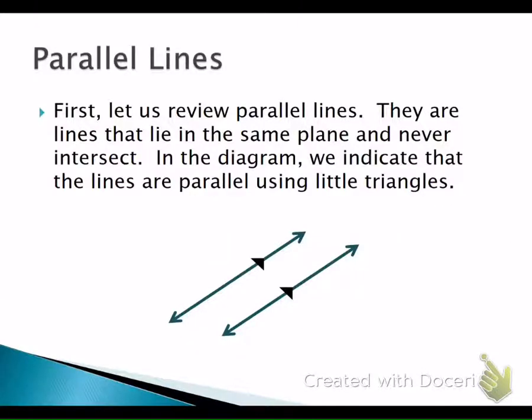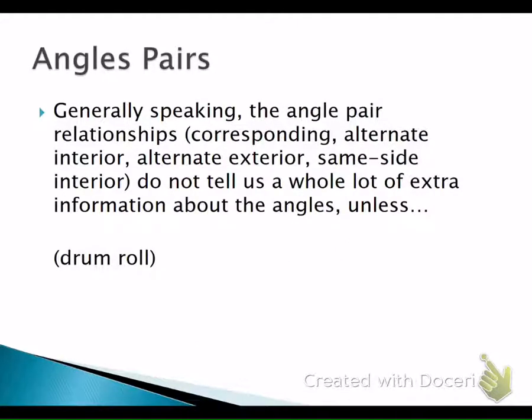So just a quick review. Parallel lines are lines that are on the same plane and never intersect. In the diagram, you can tell that lines are parallel because they have these little triangles on them, like these arrows. Remember that? Okay, so we are going to start every problem today with a set of parallel lines.